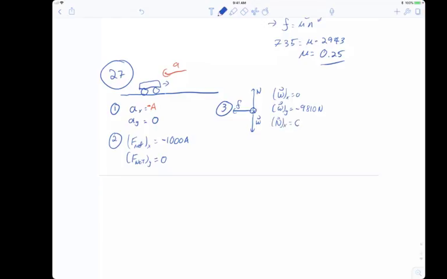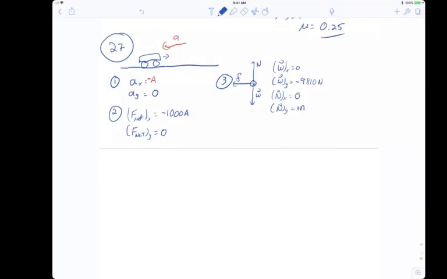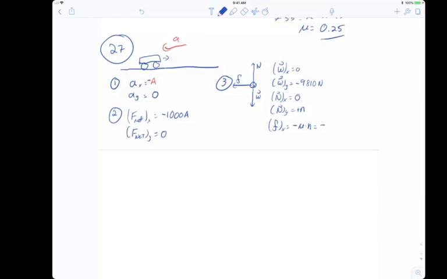I know that it's straight up though, so I'll call it plus little n. And then the friction force, I don't know what it is, but I know what direction it is, minus F. In fact, I know that this is the kinetic friction, so it should be mu times n. Or in this case, they're given 0.6, minus 0.6 times little n. So when I find little n, I can figure out what this value is. Force in the y direction is 0.